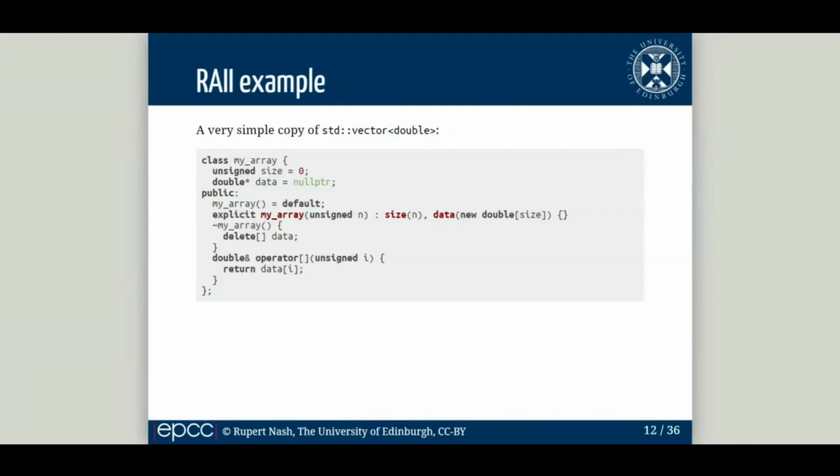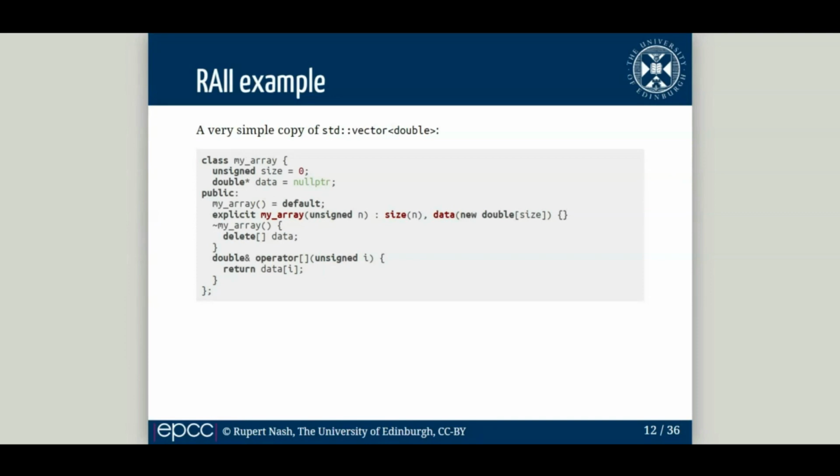Here we have an example. We are defining a class called myArray, and this class has two pieces of data. We store the size of the array, and also we store a pointer where we will save the data.